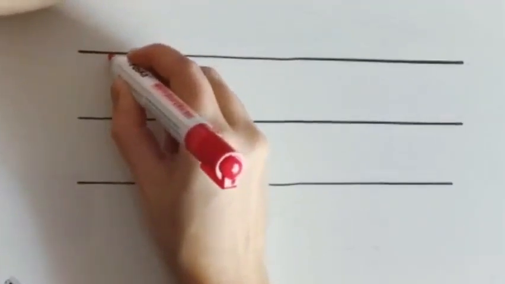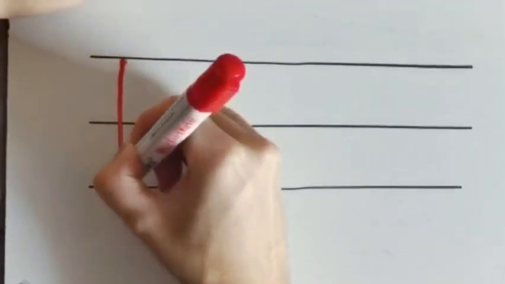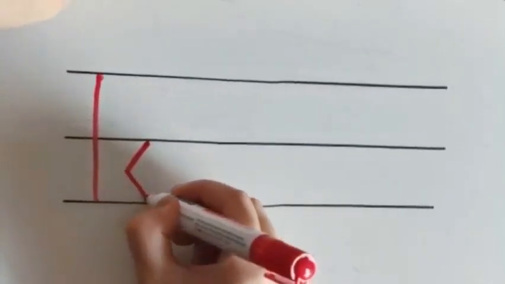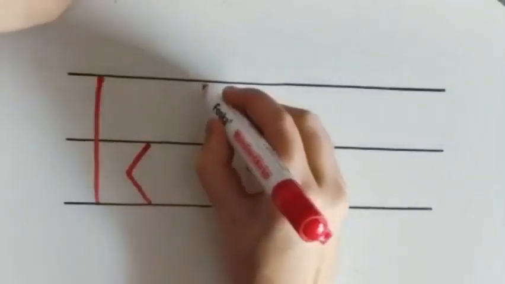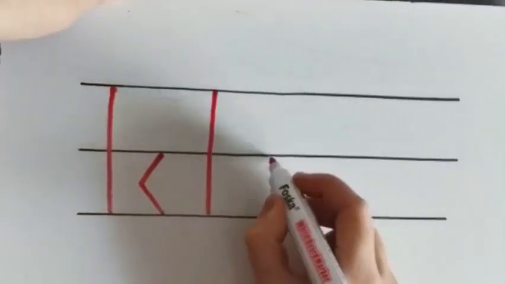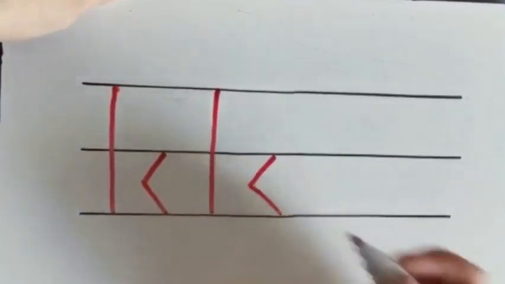It is the K pattern. We are going to do a long line followed by a finger space and a beak. So you do a long line down, finger space and a small beak.